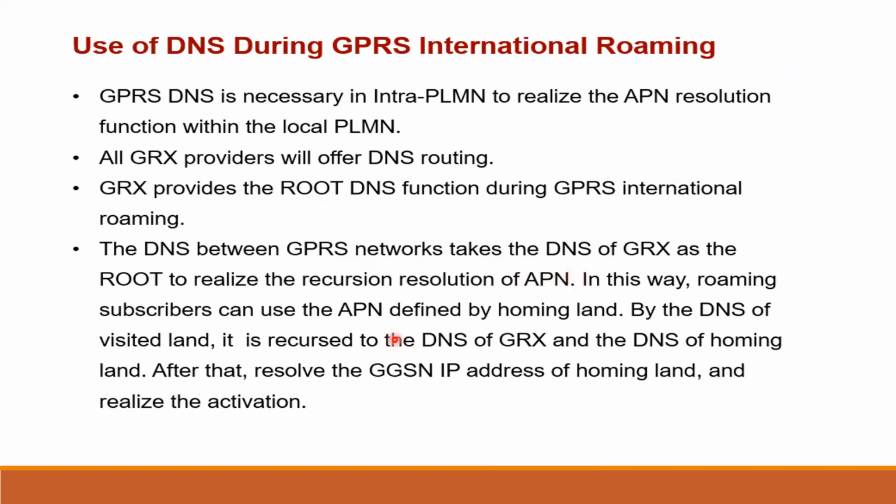In this way, roaming can use the APN defined by the homeland, and the next requirement is to get the GGSN or the PGW IP address of the homeland in order for a PDP session or bearer to get activated.